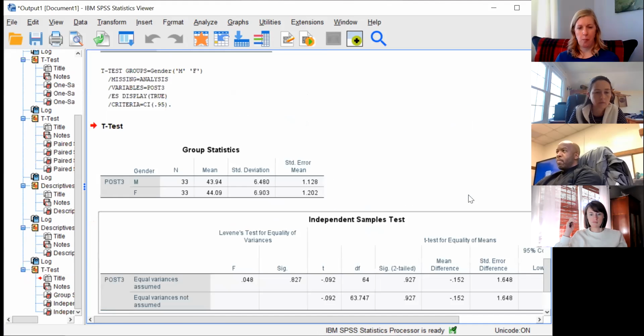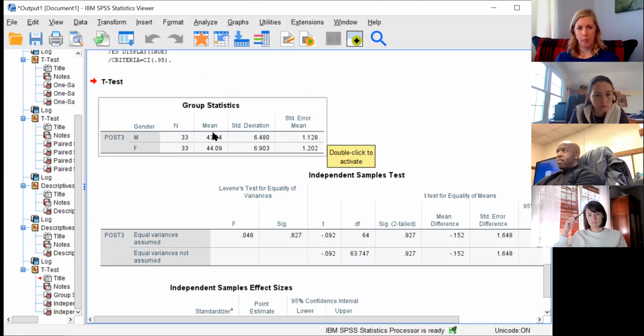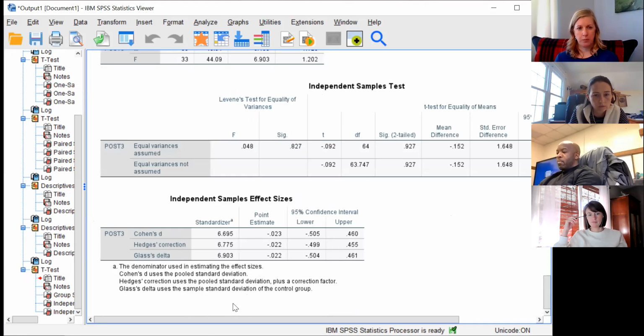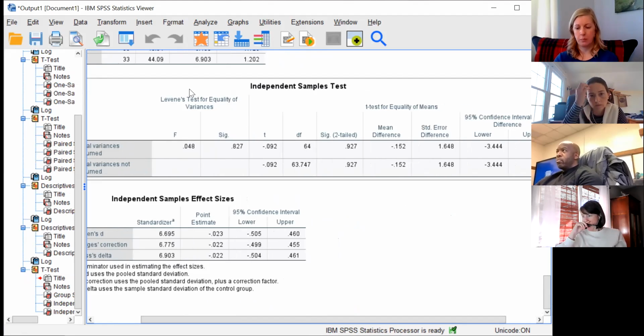And so you end up with the t-test charts, all 3 of them. The means, group statistics, kind of the descriptive stuff. The independent samples t-test. Once again, we first look at Levene's and see if it's significant. In this case, it's not. So we can assume that these 2 samples appear as if they came from the same population.